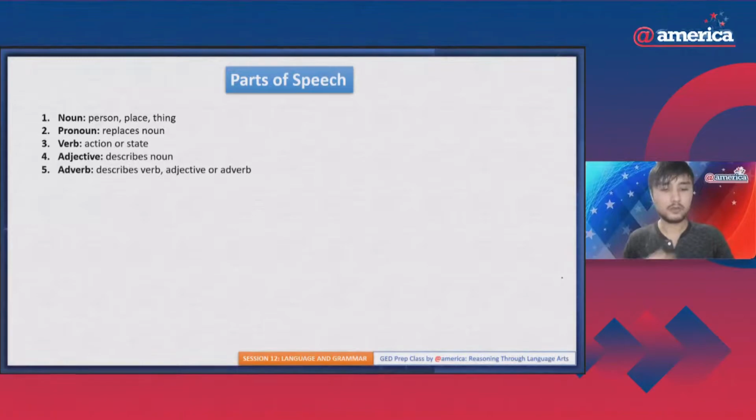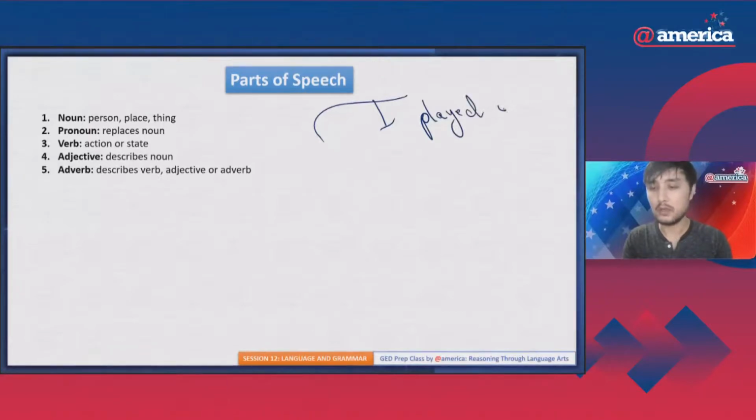We have adverbs. For adverbs, we use adverbs to describe verbs and adjectives, and also other adverbs. For instance, if you want to describe a verb, you say I played well.